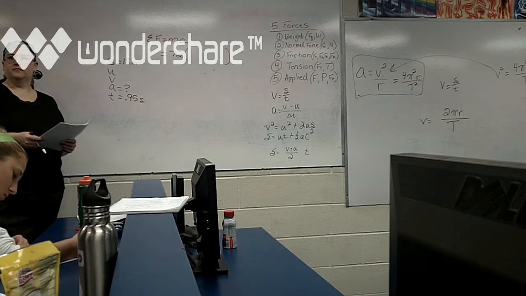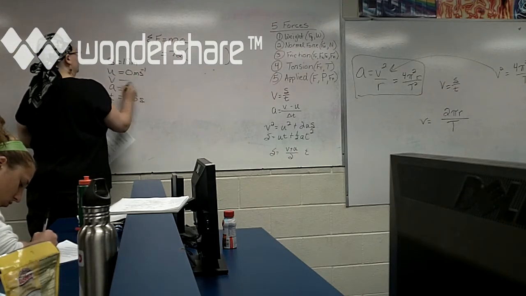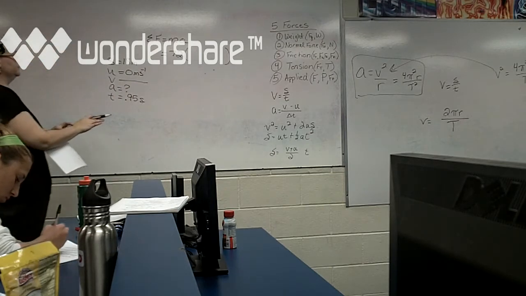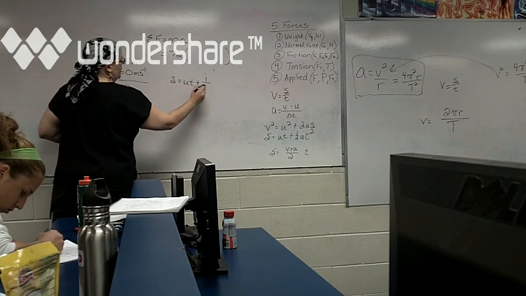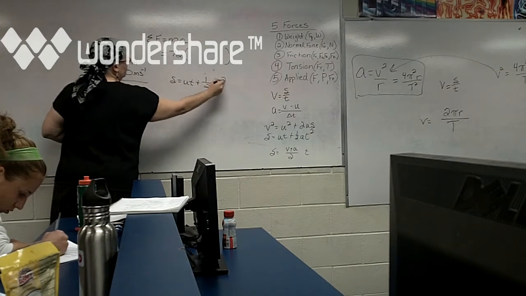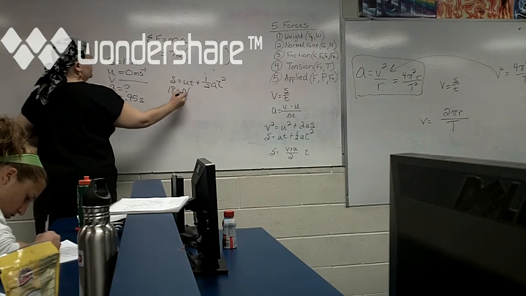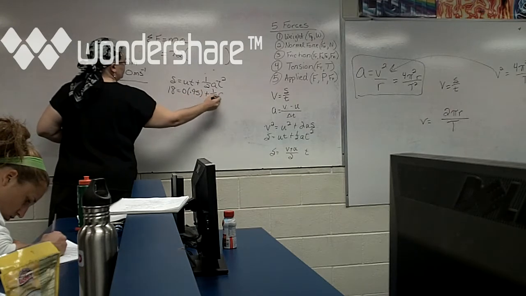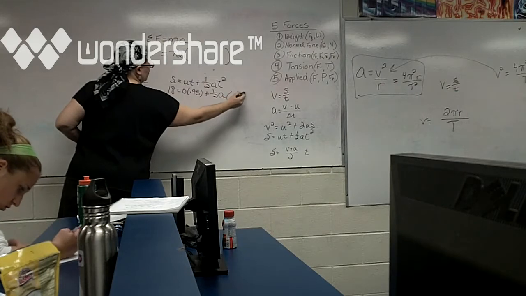Was he moving in the beginning? No. So we're going to assume he starts from rest. So we need something without a v. s equals ut plus 1/2 at squared. So 18 equals 0 times 0.95 plus 1/2 the acceleration we're looking for times 0.95 squared.